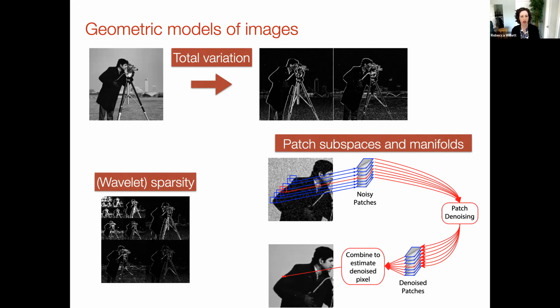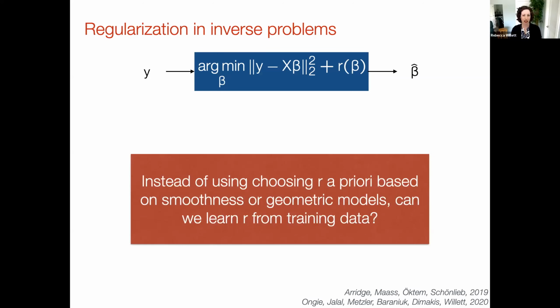So what I'd like to discuss today is another perspective on these approaches, where we're going to consider the general framework of trying to find an estimate of our image beta by searching over all candidate images and finding the one which first is a good fit to our observed data, but also has a small value for some regularization function.